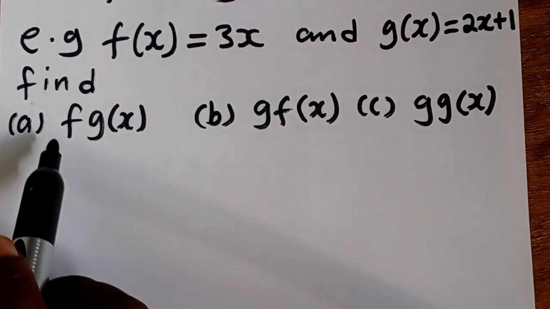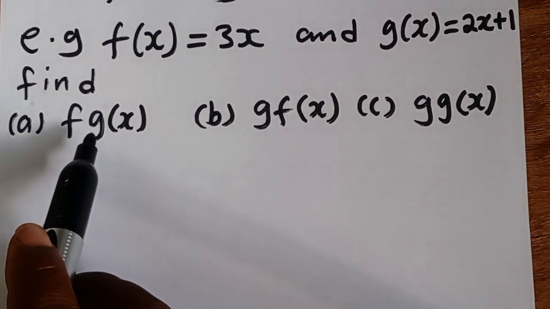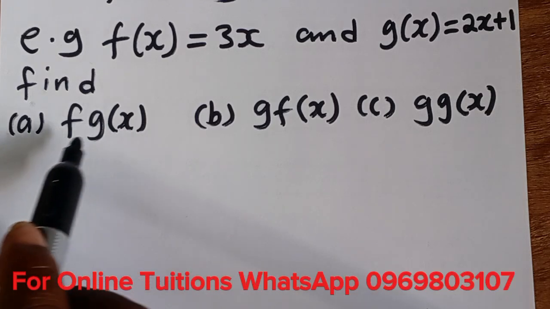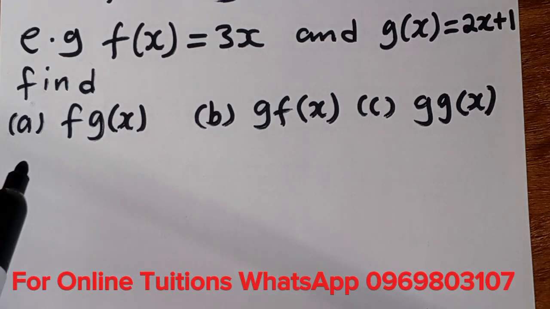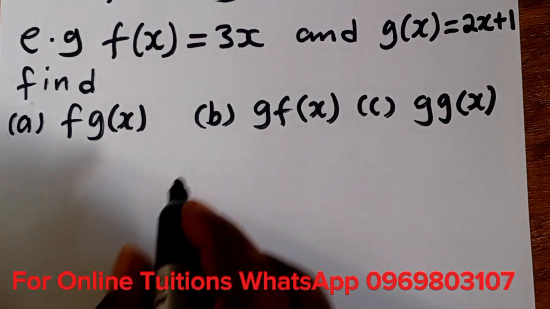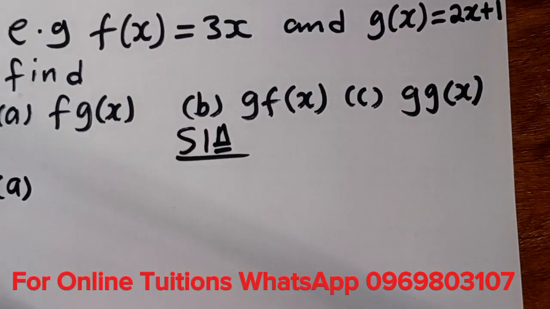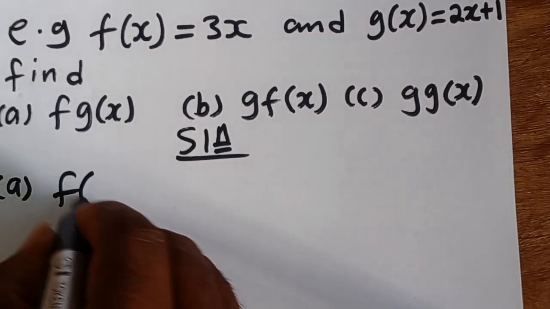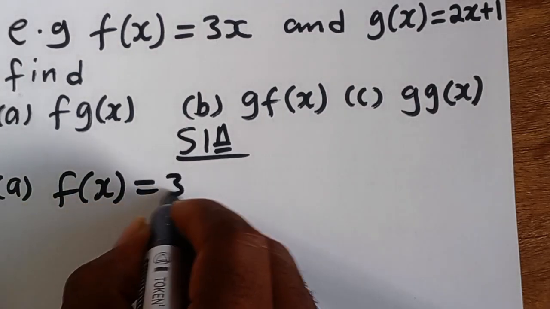When they say fg of x, it means that g of x has entered into the f function. So let's look at this one. Dear mathematicians, this is what it means. You've been given the f function, f of x equals 3x.